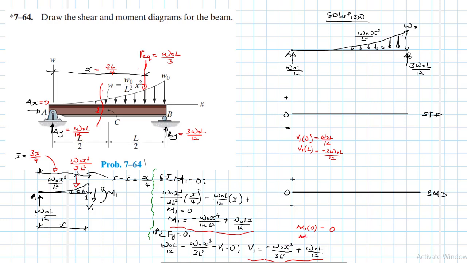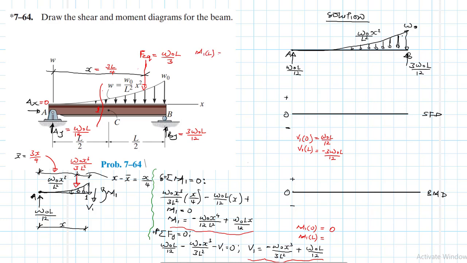And what is M1 when x is equal to L? We also expect a 0 at B. So when you plug in L in there, it's supposed to give us 0, right? Okay, let me check it.